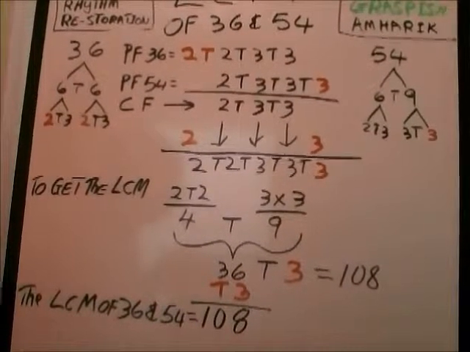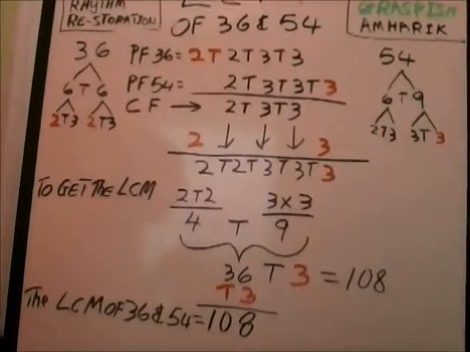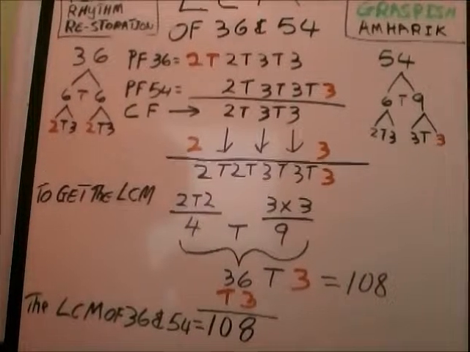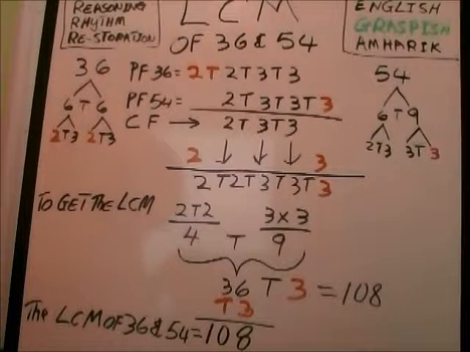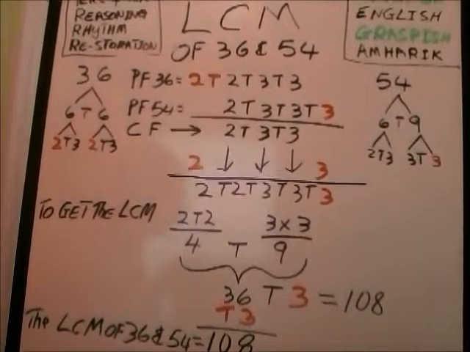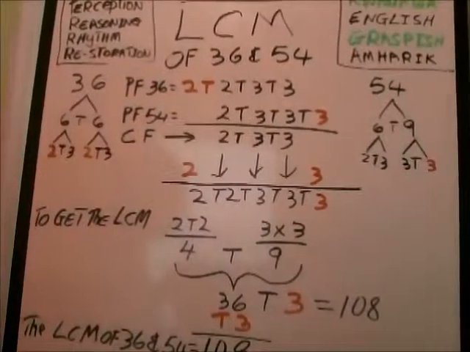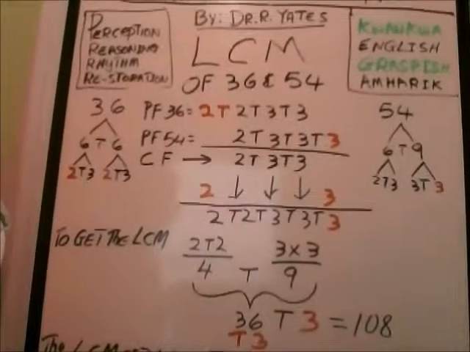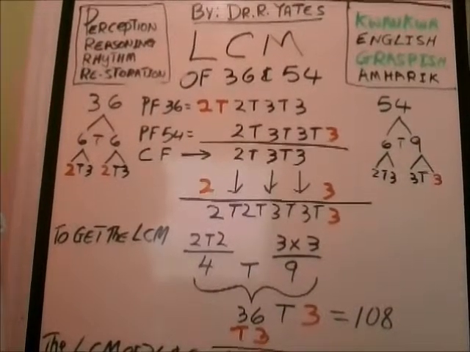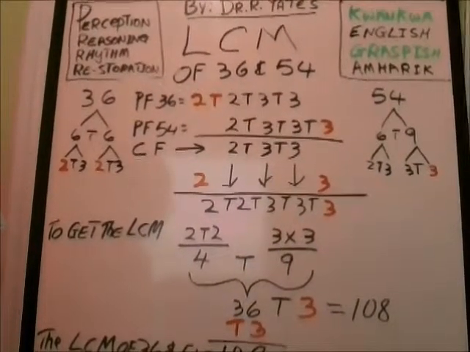Why 4? Because 2 times 2 gives me 4. So 4 becomes now the denominator. And then I'm going to times it 3 times 3. And 3 times 3 gives me 9. And 9 becomes now the denominator for the prime factor of 54. So here what we have now: 2 times 2 over 4 times 3 over 9.